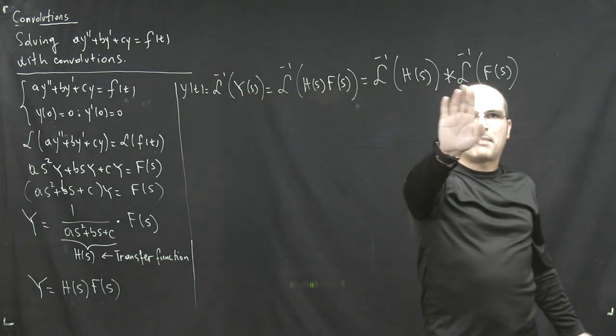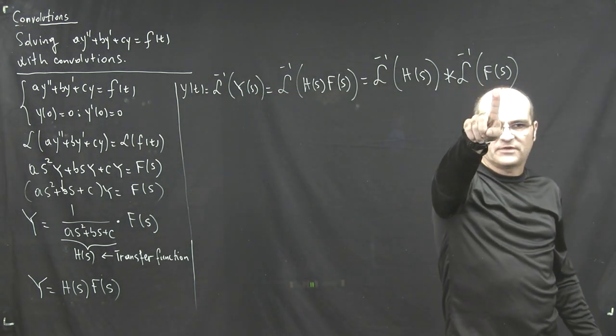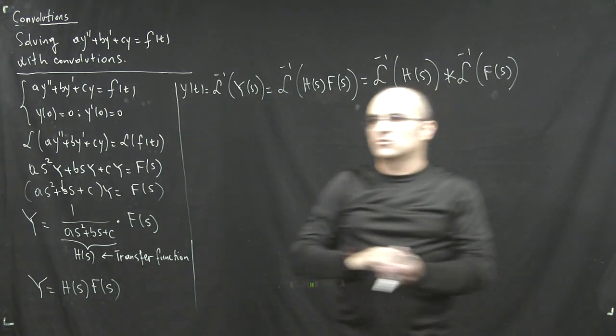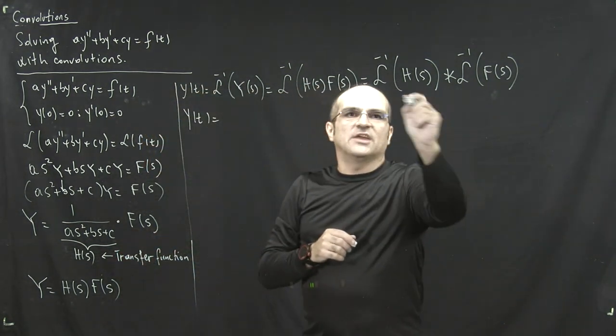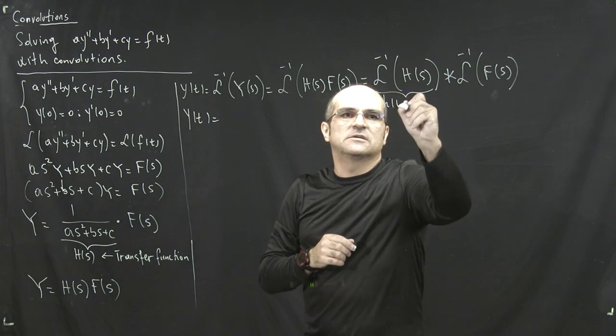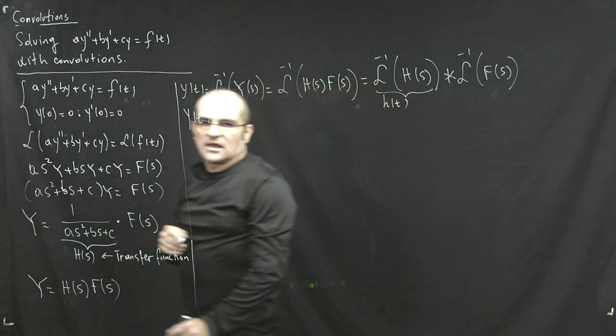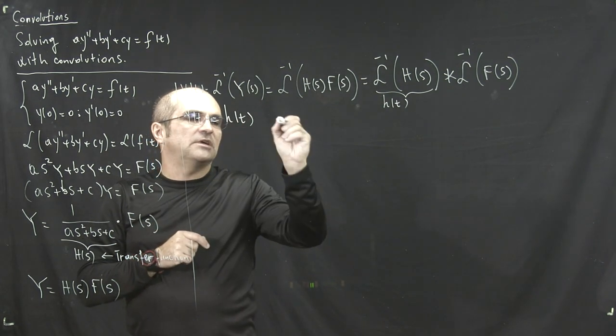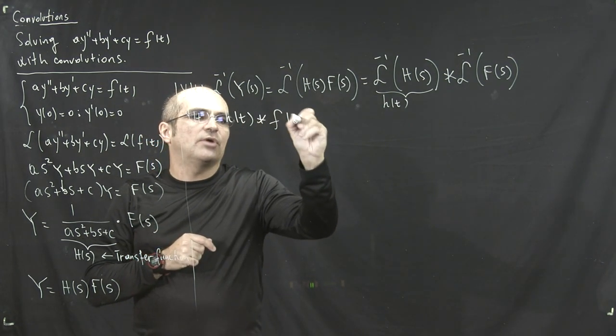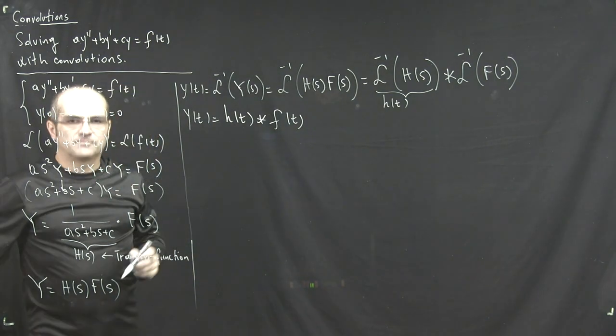So I can actually bypass finding big F of s, because I know that the solution of the ODE is nothing but the inverse of big H, which remember in the previous part we denoted by little h of t. So that's just simply the convolution between little h of t and whatever you have on the right hand side of the ODE.